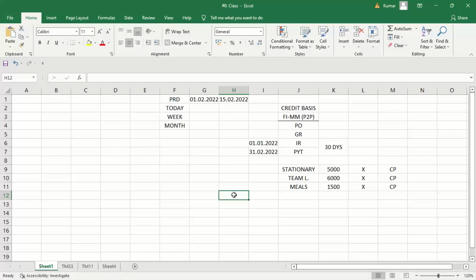Now, the other benefit, I'll tell you. As I said, I have quoted certain examples. Likewise, thousands of transactions are taking place, and every transaction is of a different nature.